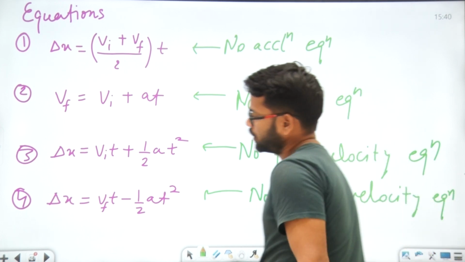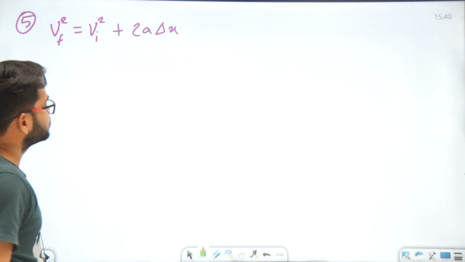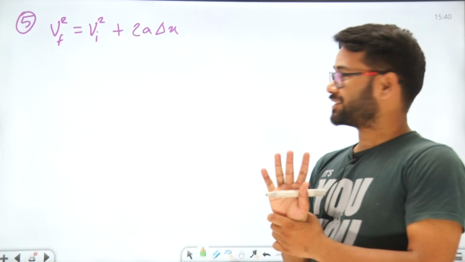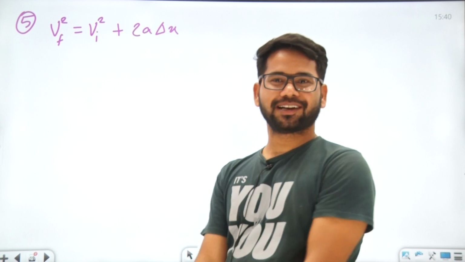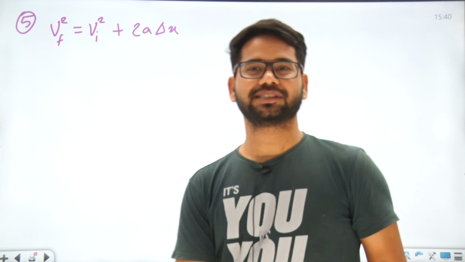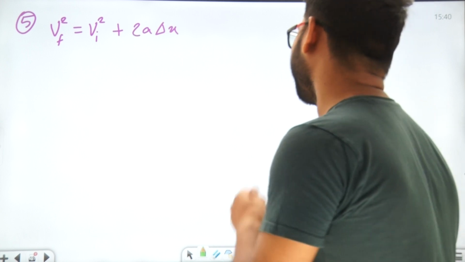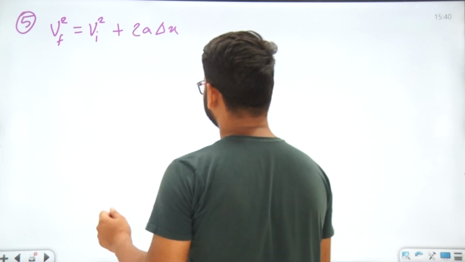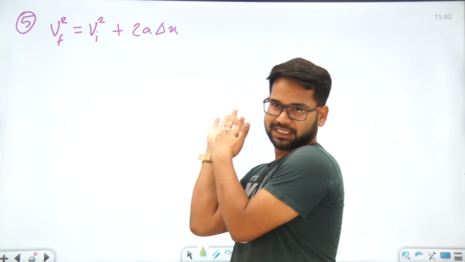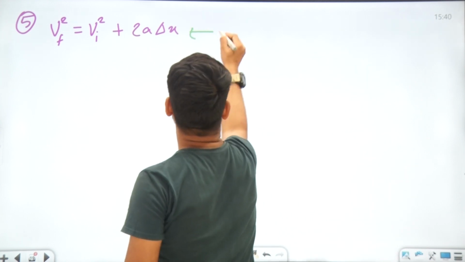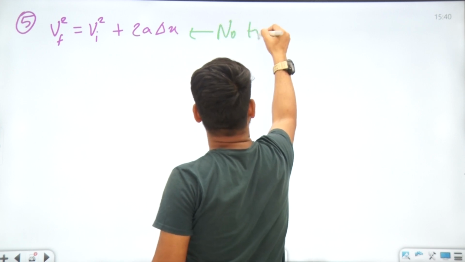So students, we talked about how we have 5 equations. The fifth equation is final velocity squared equals initial velocity squared plus 2 times acceleration into displacement. So what is missing? Time period, right? So it's the no time equation.